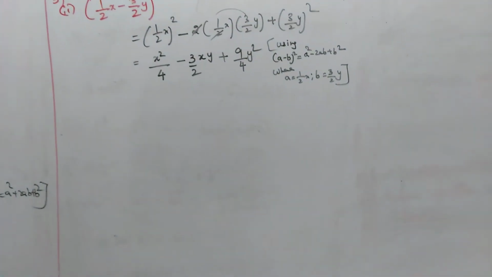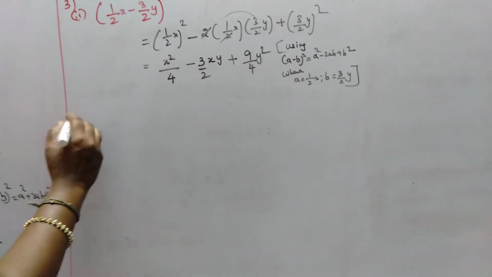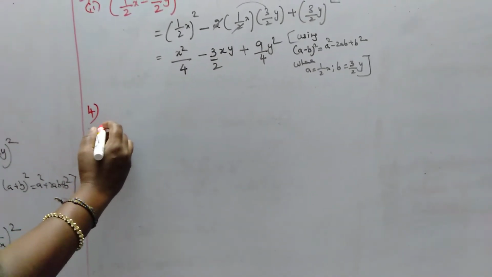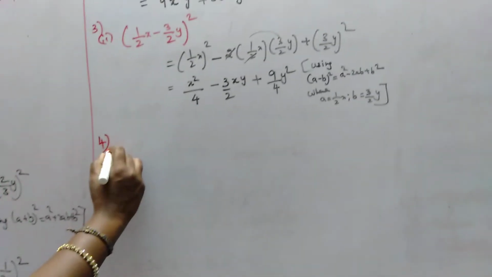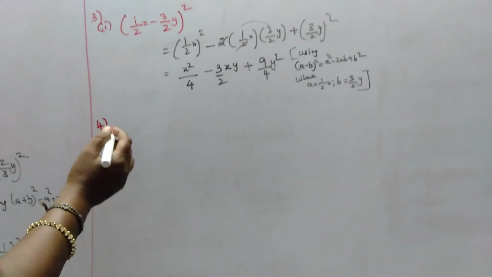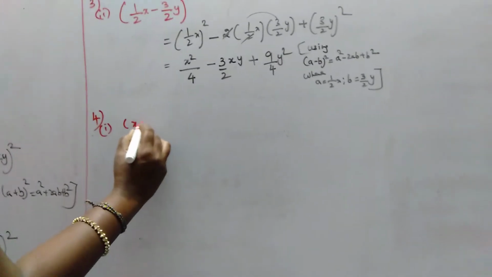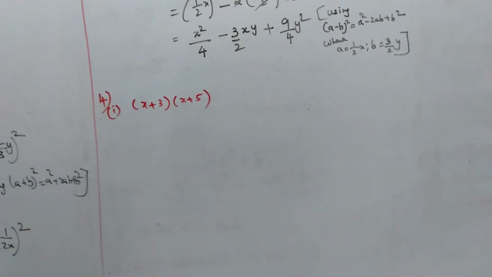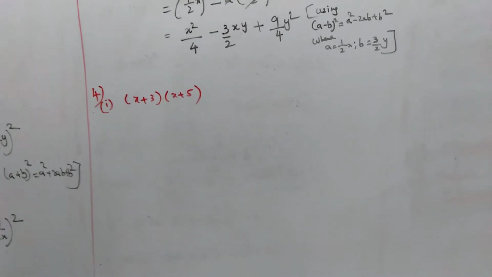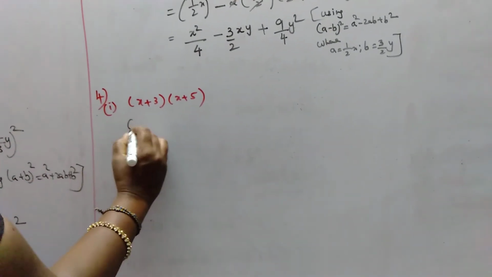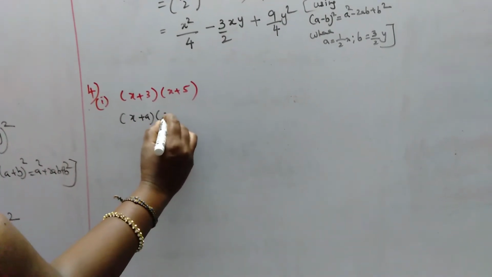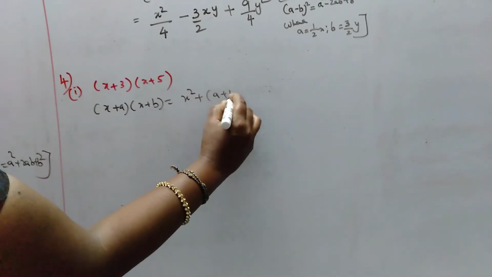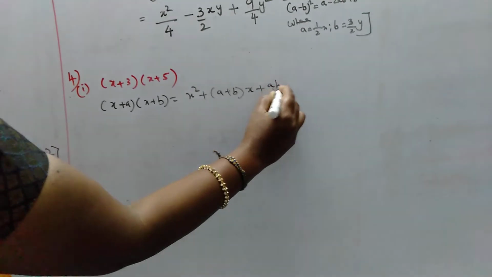The next question is question number 4, first subdivision, which is (x + 3) into (x + 5). Using the expansion, we are going to solve this one. Let us write the formula here: (x + a) into (x + b) equals x square plus (a + b) into x plus ab.